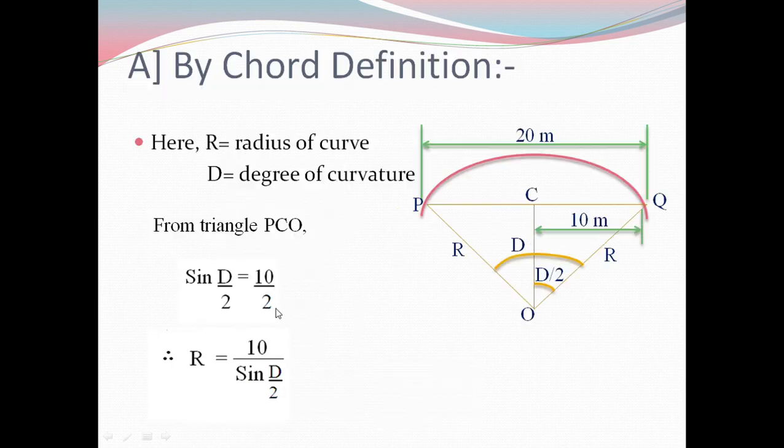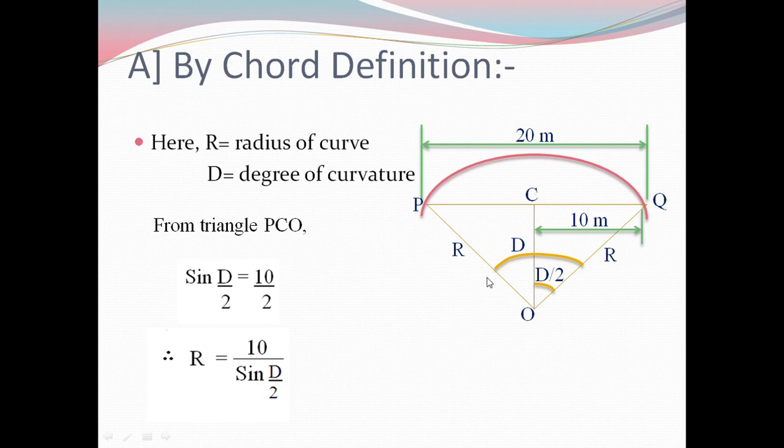In the chord definition we take 20 meter as the standard length, with the same degree. This is the angle, sine D by 2. We use the sine rule: sine of the angle is the opposite side divided by the hypotenuse.